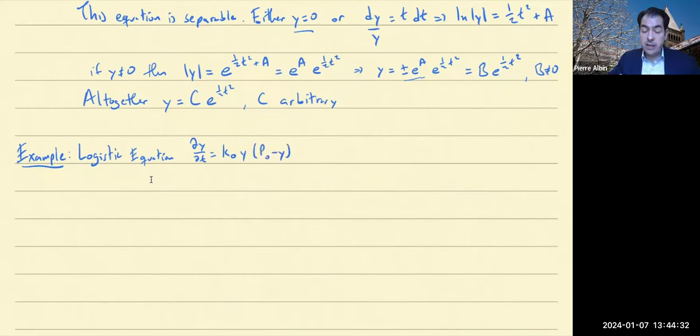Right, p naught is the carrying capacity, k naught is some sort of growth rate. And we solved this last time. We saw that the solution is p naught divided by 1 plus some arbitrary constant times e to the minus k naught p naught t, or y is equal to 0.